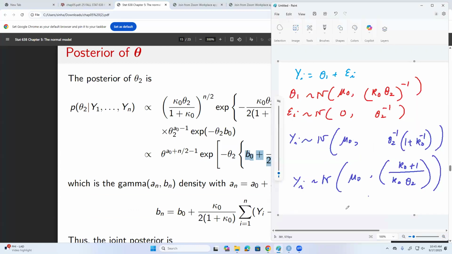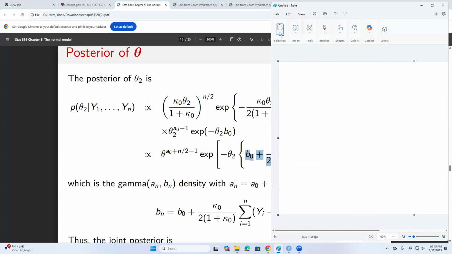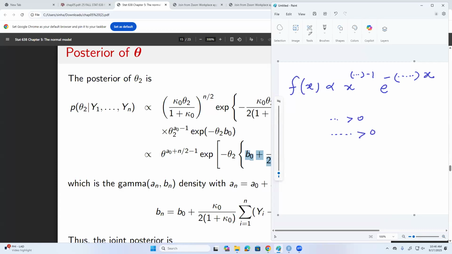And if you have the density kernel, any density kernel that looks like this, f(x) proportional to x to the power something minus 1 times e to the power minus something times x, where the first something is positive and the second something is also positive, this is the gamma density, right?